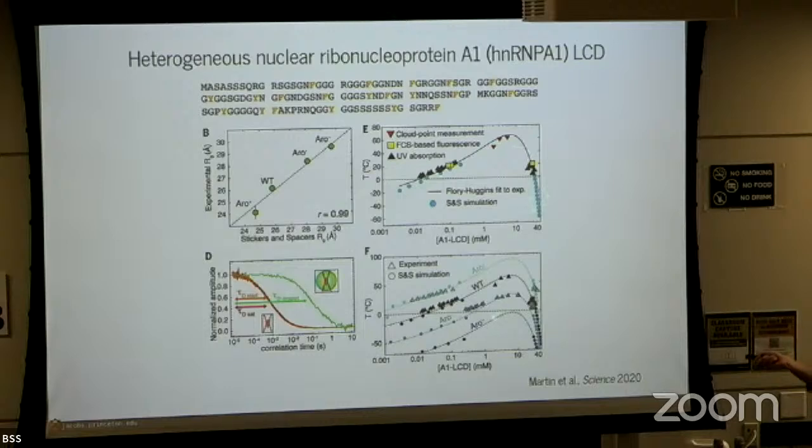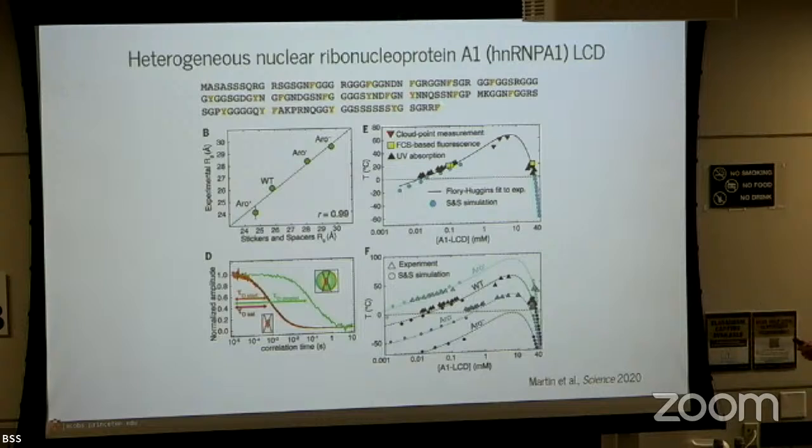And further, if you start to change the sequence composition, you can modulate the phase behavior, right? So here, the amino acids that are highlighted in yellow are the ones that are stickiest. These are very hydrophobic amino acids.